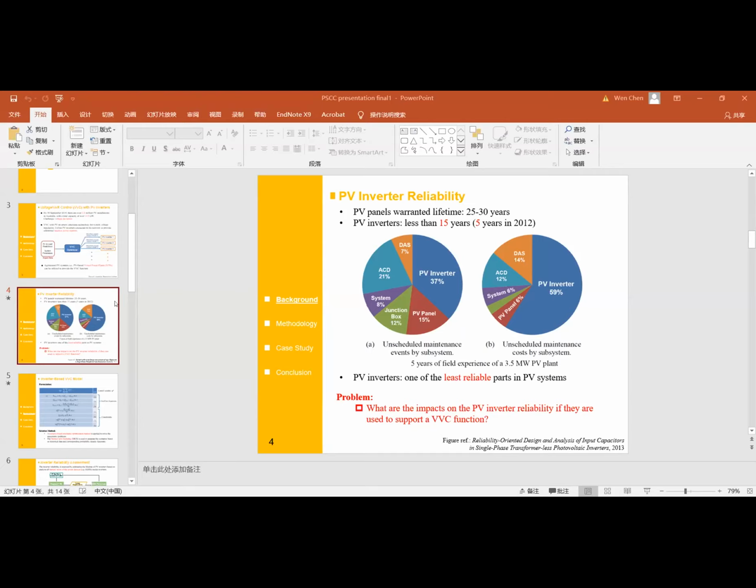Because all your study is based on the data set, right? I think there is not much, because the inverter is like an emerging device, like for these PV systems. Perhaps there are some data related to their lifetime, but yeah.